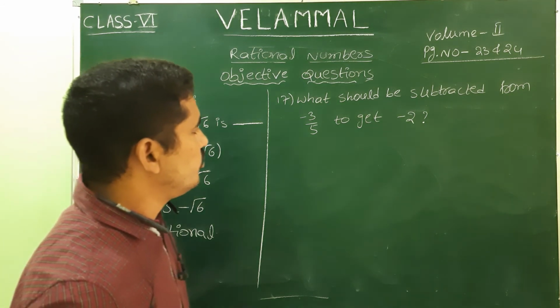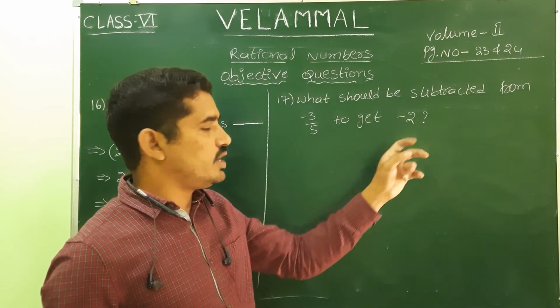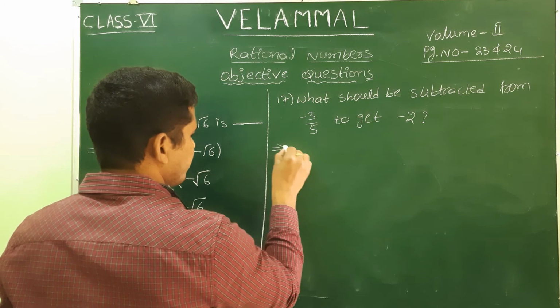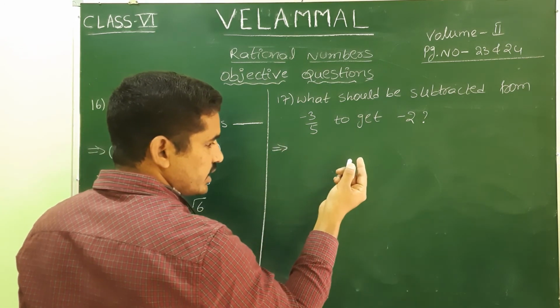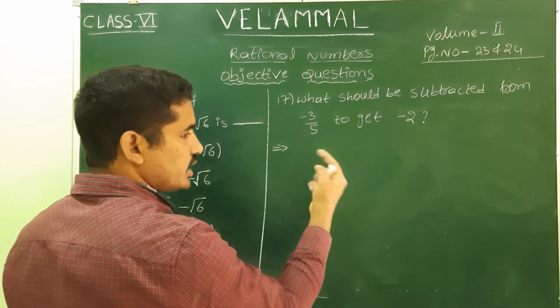Next, what should be subtracted from minus 3 by 5 to get minus 2? From where do we need to take? Let x be subtracted. We don't know what we should subtract, so we are taking that as x.